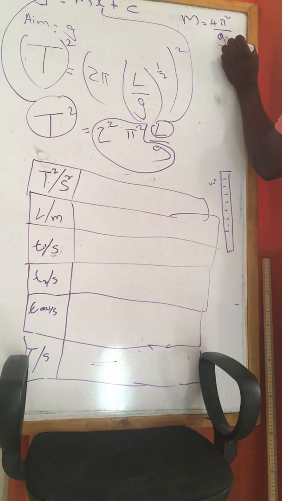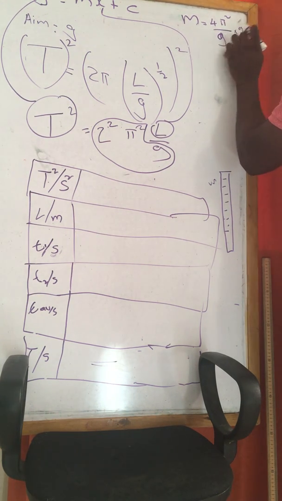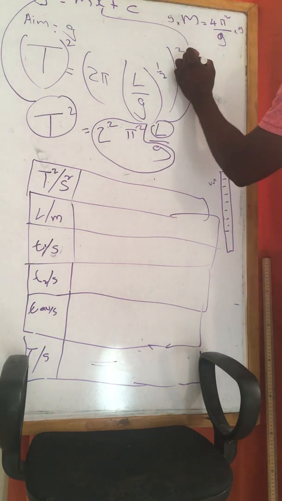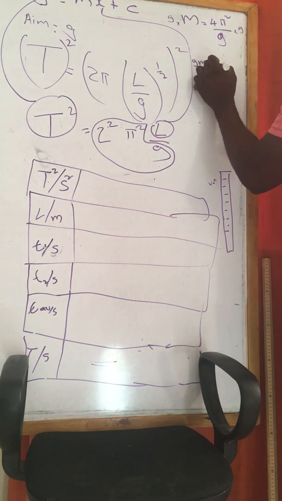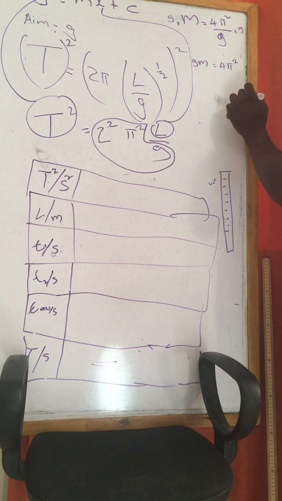So I need to get rid of this G from over this side here. All I need to do is multiply by G, and if I multiply by G on my right side of the equal sign, I must do the same over here. So now I get Gm is equal to 4 pi squared.